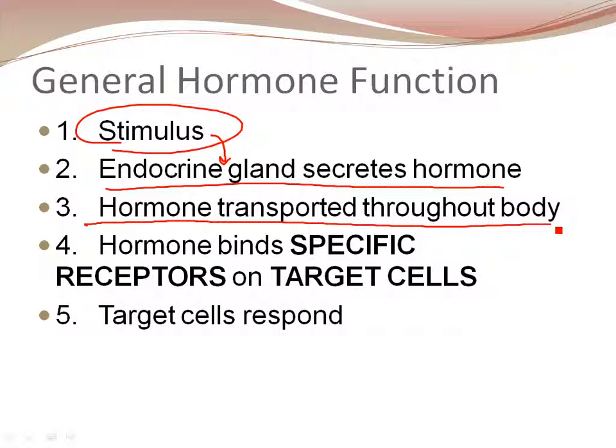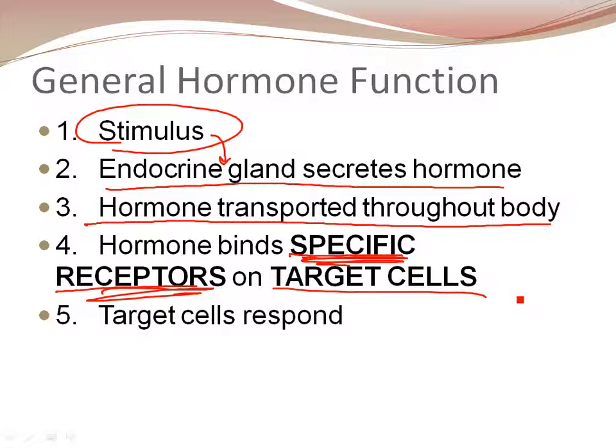And what that hormone will do, yes, it's traveling throughout your whole body, but that doesn't mean that the hormone acts on every single cell in your body. A hormone will act on a particular type of cell in your body if that cell has a specific receptor for the hormone.